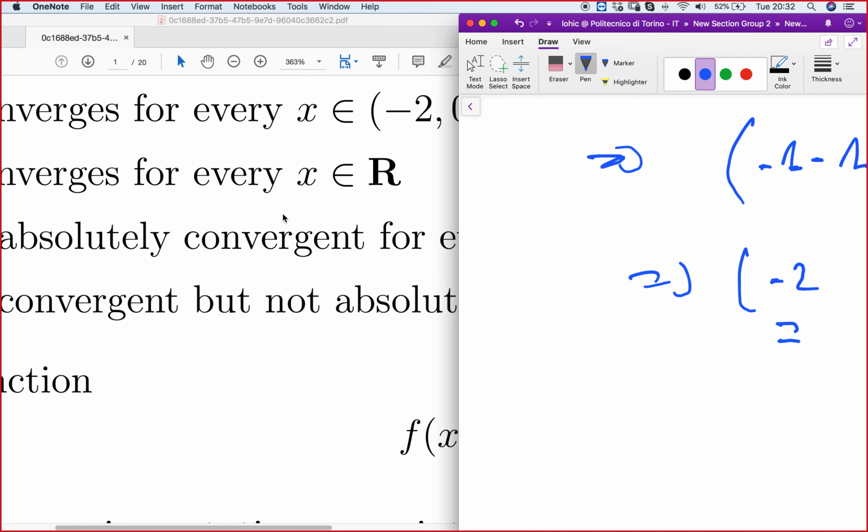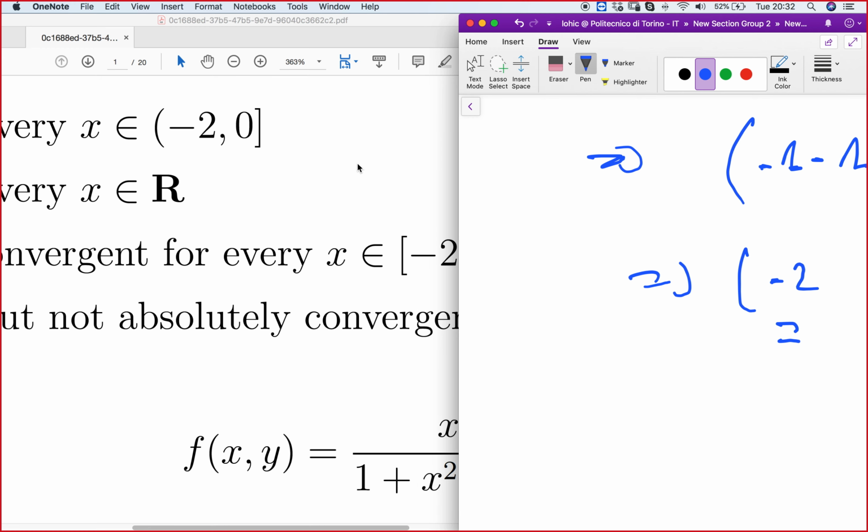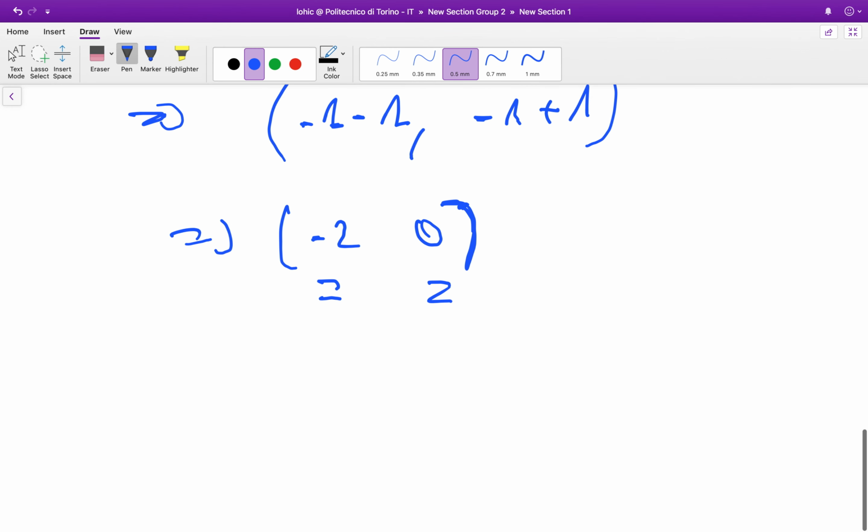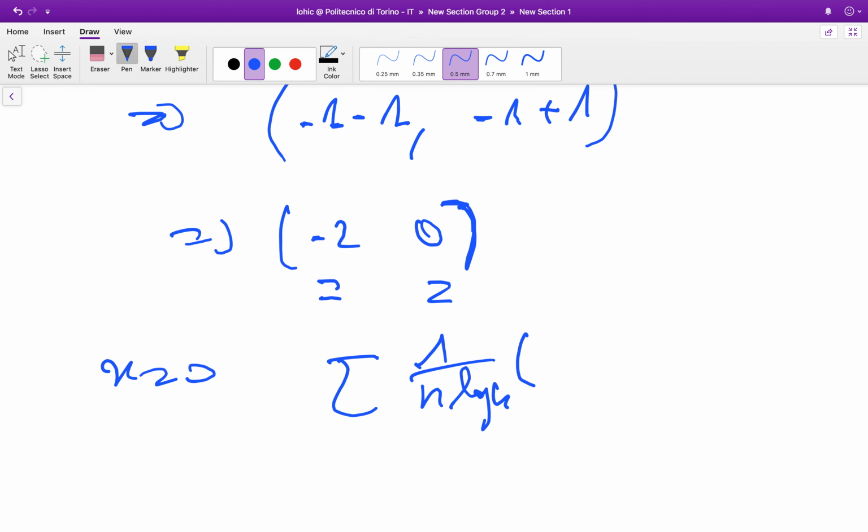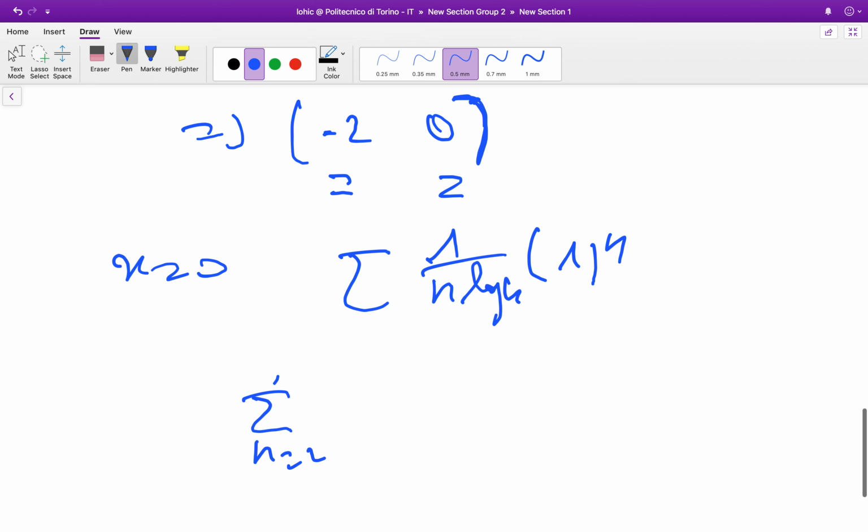Let's start, for example, from 0. So if x is equal to 0, the series I get becomes the sum of 1 over n log n multiplied by 1 to the power n, and thus I get the series sum n going from 2 to infinity of 1 over n times the logarithm of n.